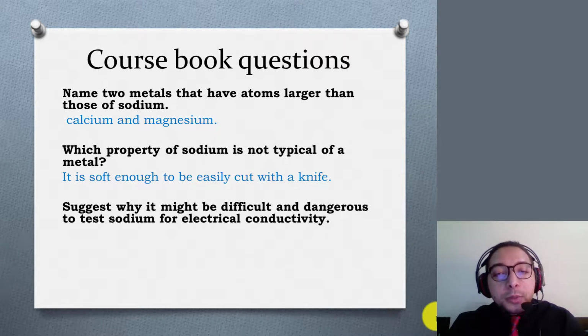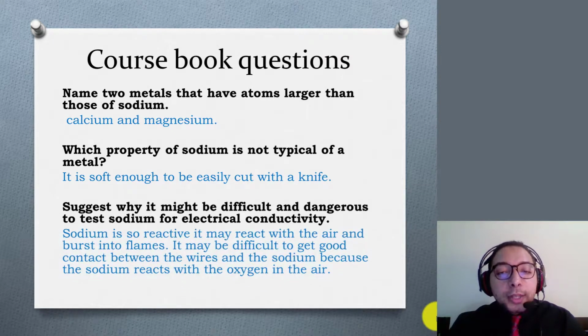Suggest why it might be difficult and dangerous to test sodium for electrical conductivity. Guys, sodium is a very, very reactive metal. So when it comes to electrical conductivity, sodium is so reactive that it may react with the air in the atmosphere, specifically oxygen, and burst into flames.